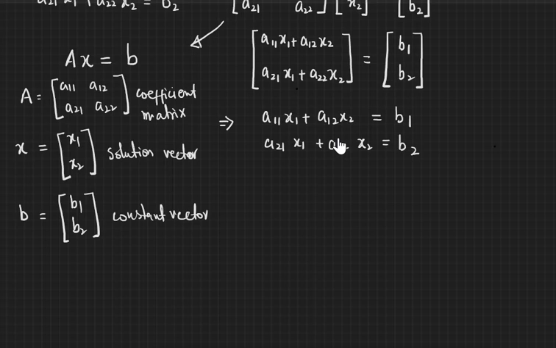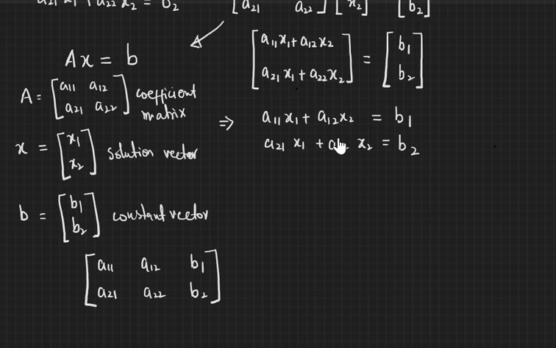Okay, one more thing which I want to mention here is that if we combine matrix A, the coefficient matrix, and the constant matrix, we get another matrix. That matrix is written as A11, A12, A21, A22, B1, B2. This is a matrix which we obtained by combining the coefficient matrix and the constant vector.